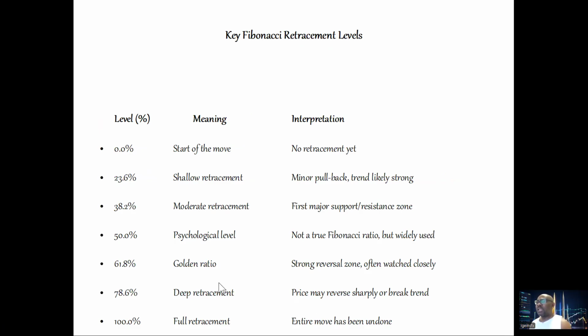After this point, if price continues to pull to the downside, then at 100.0% we are simply saying this is a full retracement. That means the entire move has been undone. Let's say, for example, the price of an asset was at $100. It rose to $300, to this point, 0.0.